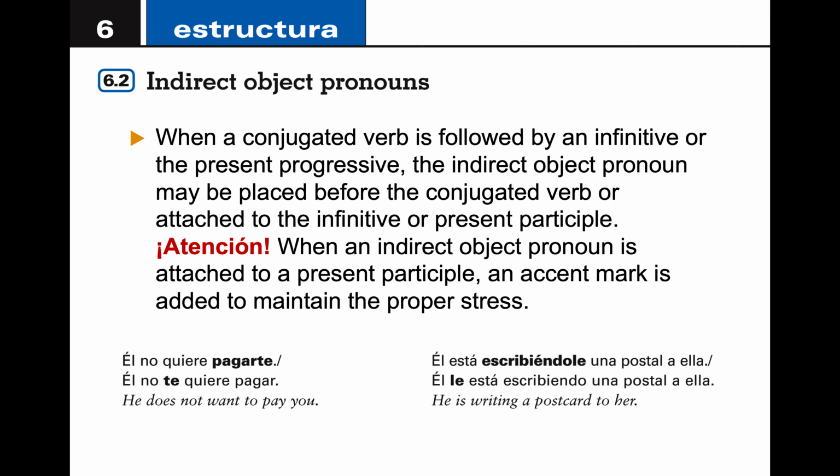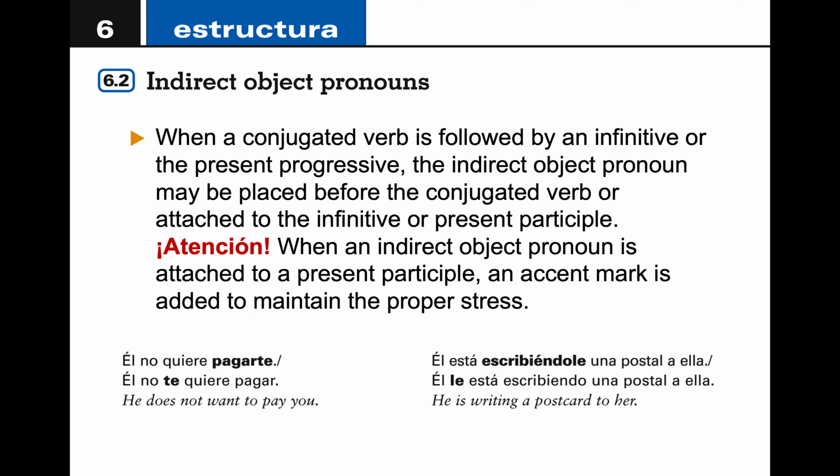When a conjugated verb is followed by an infinitive or the present progressive, we have an exception to where that indirect object gets placed. The indirect object pronoun can then be placed before the conjugated verb or attached to the infinitive or present participle. I would say there's kind of an even split there. My preference when I am speaking in Spanish is that I attach it to the infinitive form of the verb.